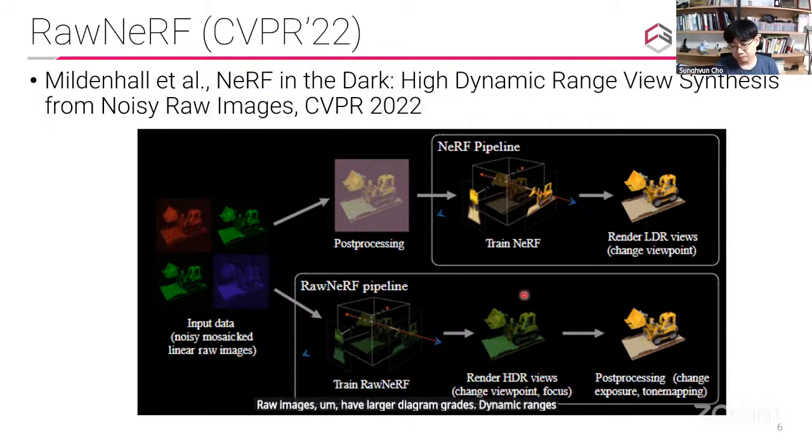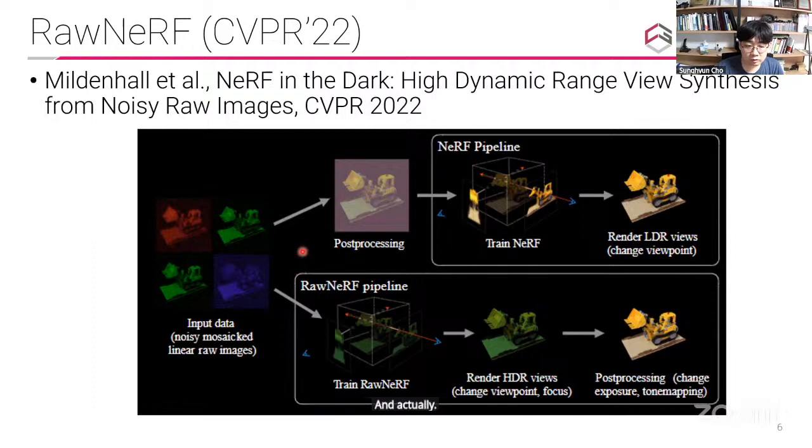Then after rendering HDR views in raw space, we can apply camera ISP as a post-processing step, and then we can obtain the sRGB image.